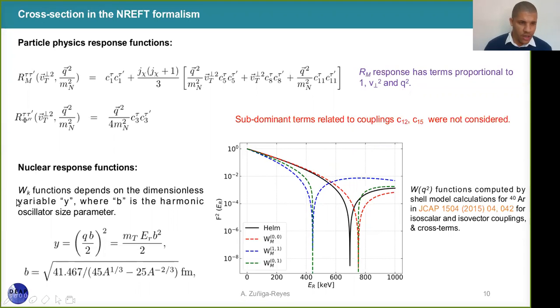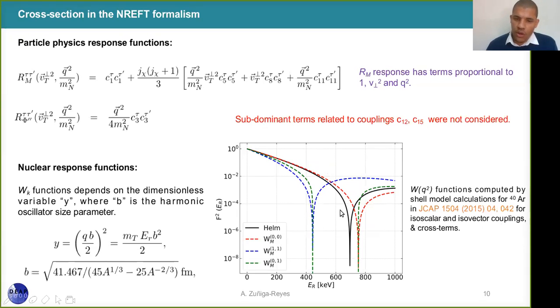With regards to the W nuclear response functions, the W functions depend on the momentum transfer, and also depend on the harmonic oscillator parameter. That is a function of the target that we use. And for the W functions, we use the functions computed in this paper here, and they were determined for the isoscalar isovector couplings and also for the cross terms.